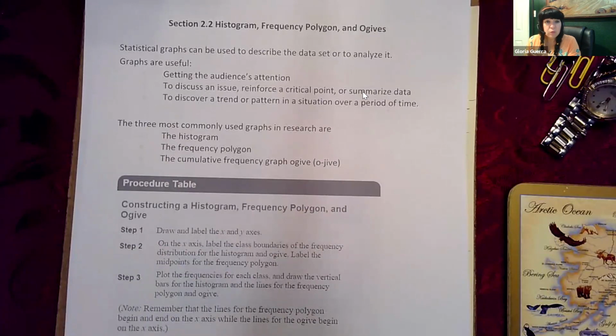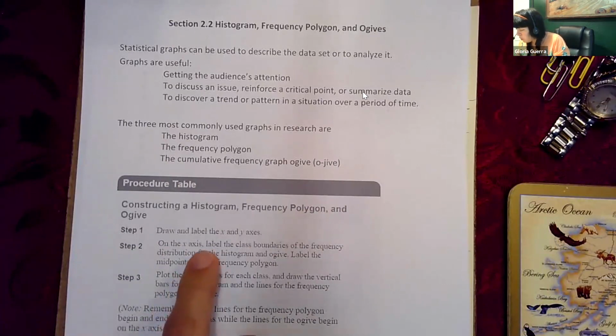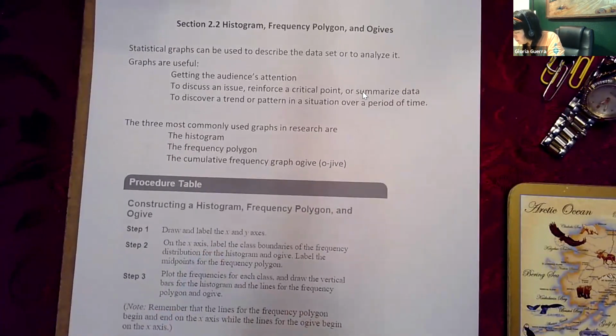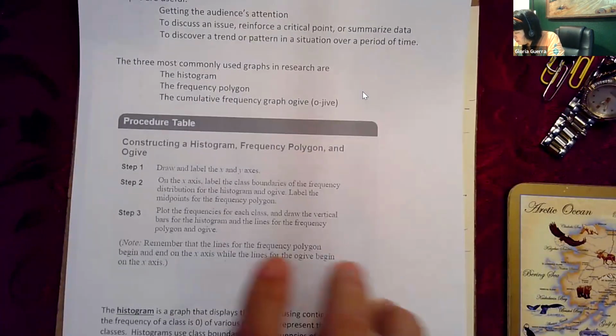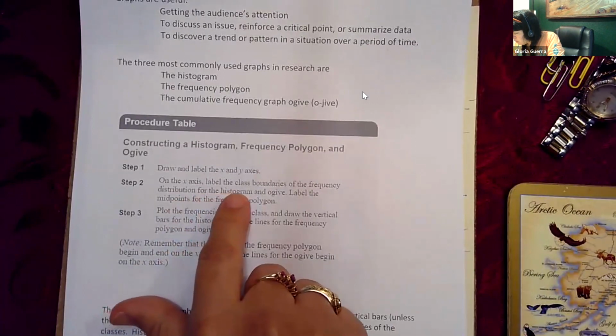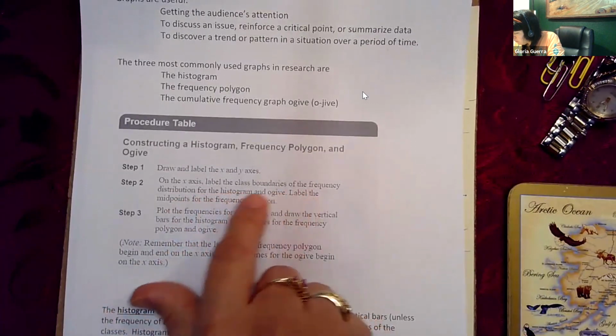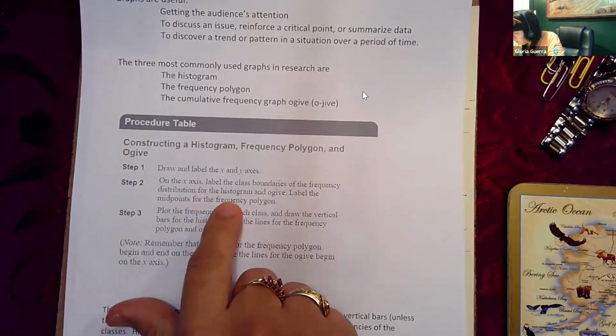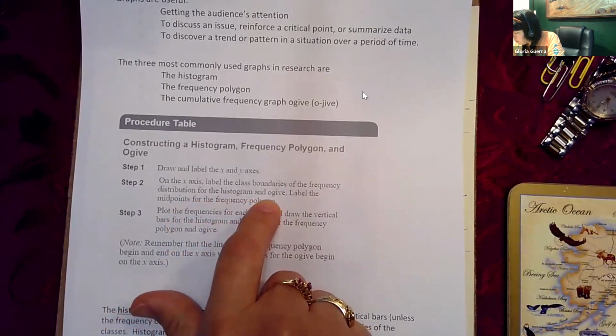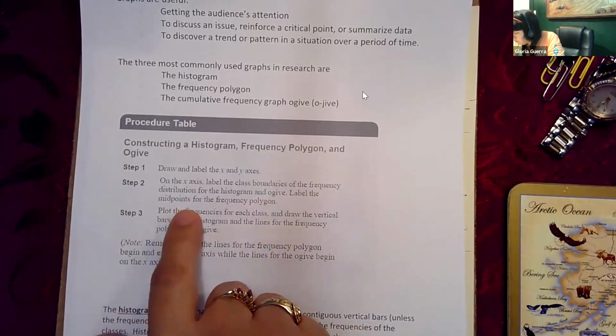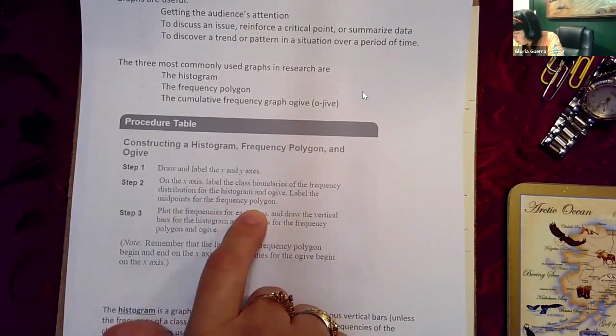Okay, so first I'll talk about the procedure for the histogram, frequency polygon, and ogive graphs. They're asking you to draw and label the x and y axis. On the x-axis, you would label the class boundaries of the frequency distributions for the histogram and for the ogive. You would label the midpoints for the frequency polygon.